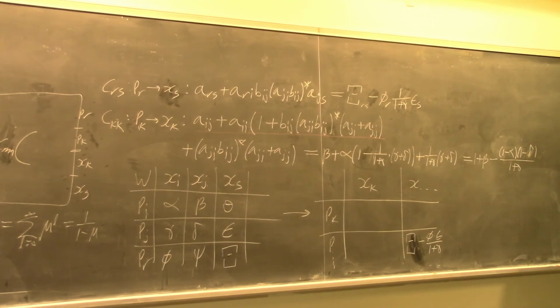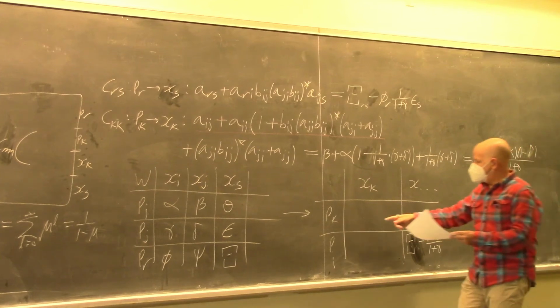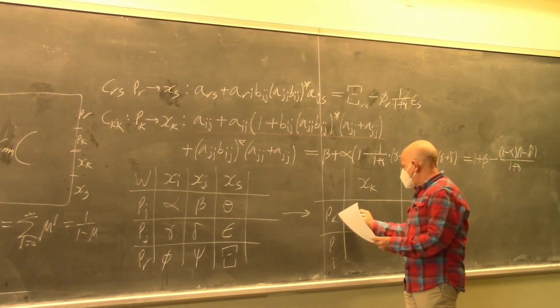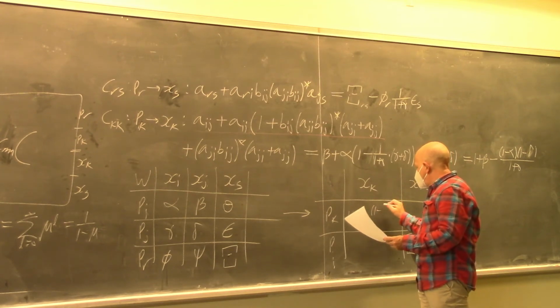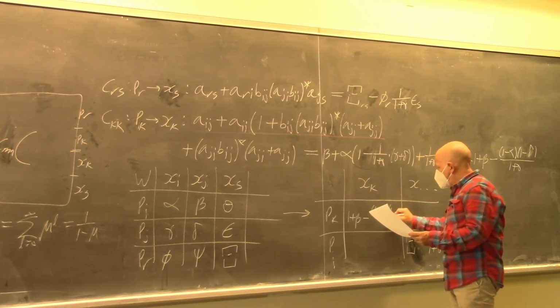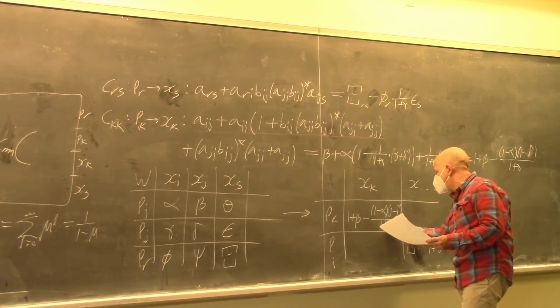Again, that's just brainless simplification. This is high school, not even linear algebra. So the thing that appears here is 1 plus beta minus 1 minus alpha, 1 minus delta, divided by 1 plus gamma.